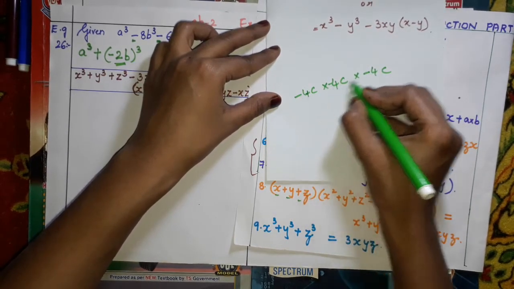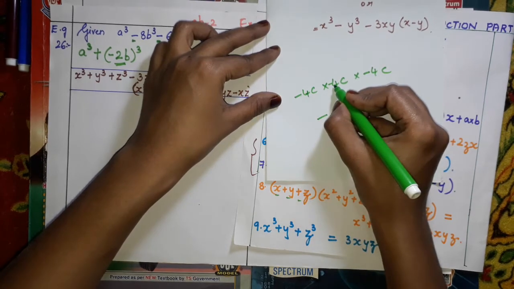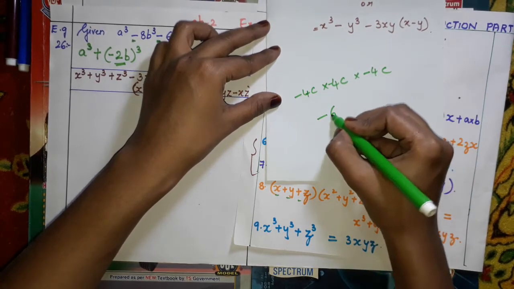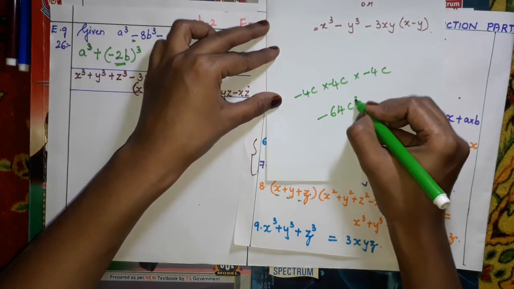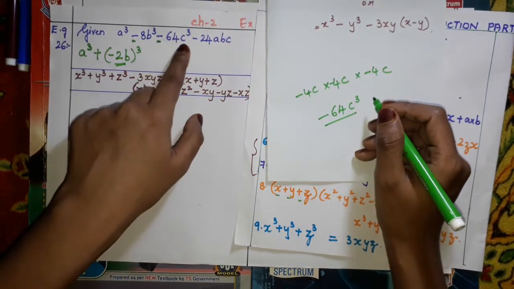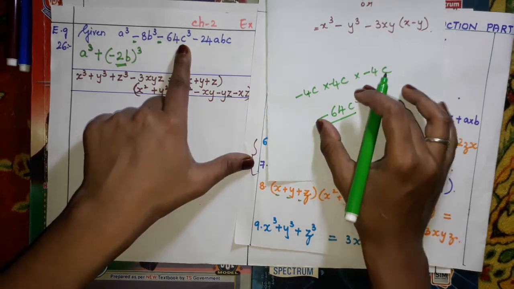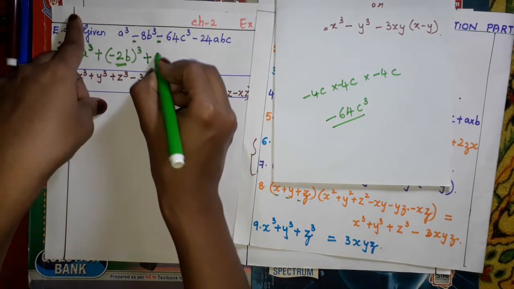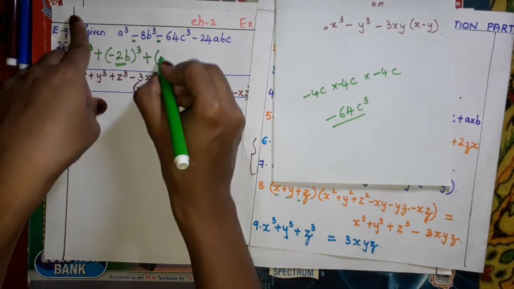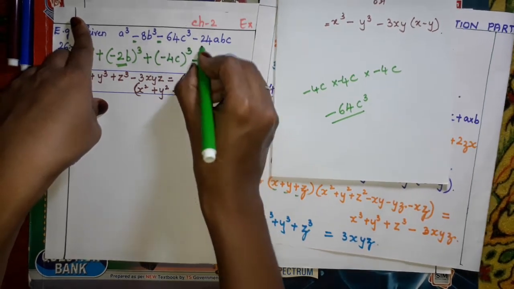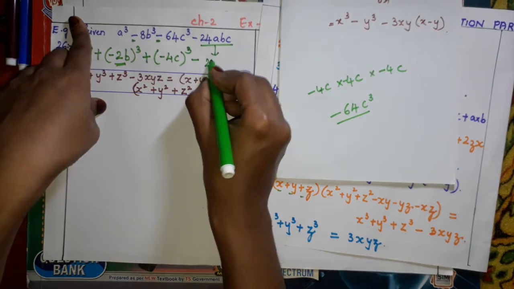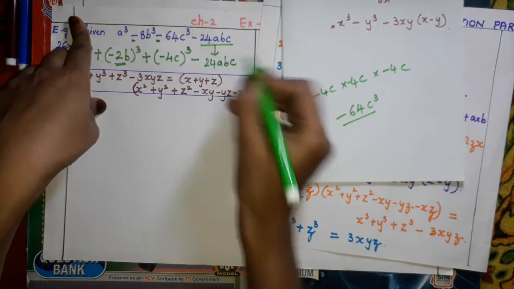Minus into minus is plus, plus into minus is minus. 4 4s are 16, 16 4s are 64. c into c into c is c cube. So it is minus 64c cube. Correct, children? So here I will be writing plus, in bracket minus 4c whole cube. Minus 24abc, as it is, I will be copying.